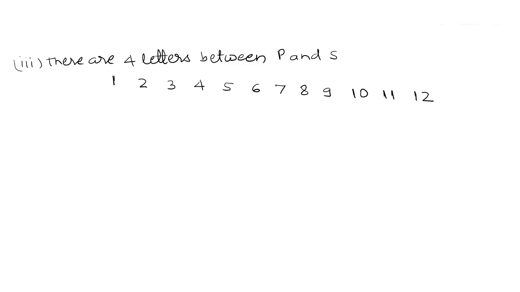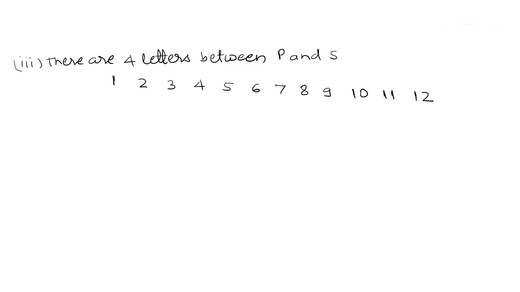And when P is at 2nd place, then S will be at 7th place. When P is at 3rd place, S will be at 8th place. P at 4th place, then S at 9th place. P at 5th place, then S at 10th place.